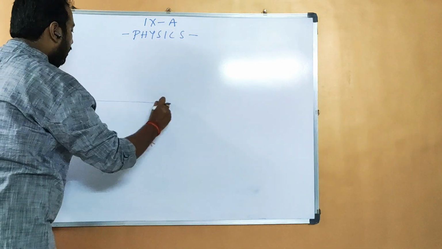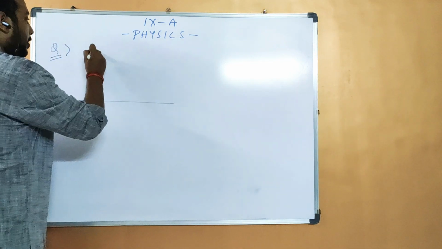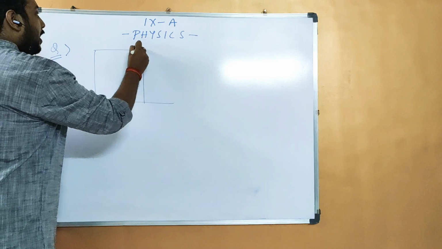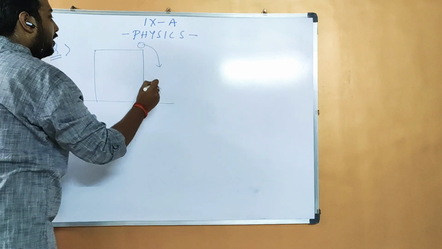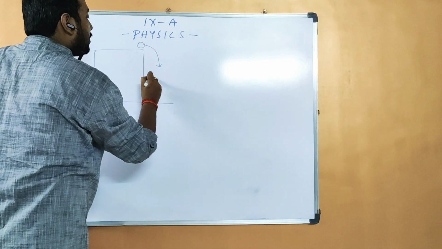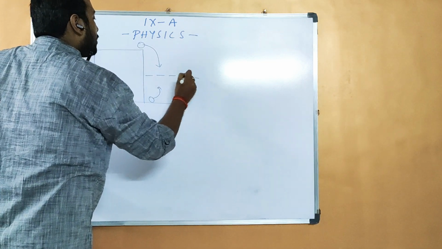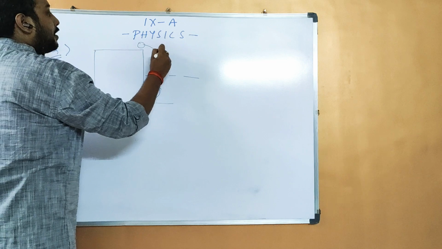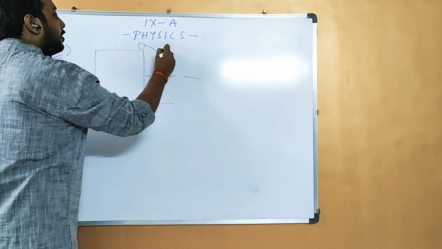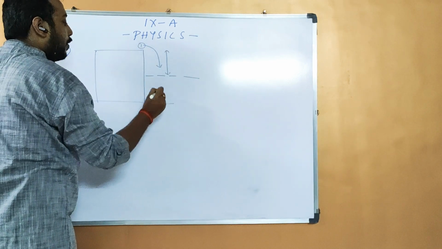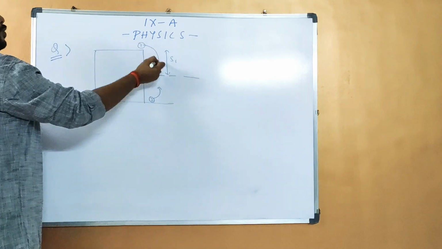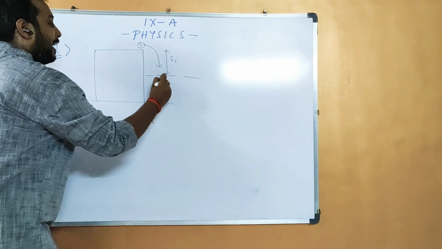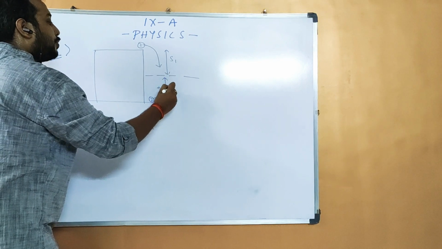Suppose this was a building and a stone was thrown from here and from here. Suppose this is stone 1 and this is stone 2. Let us suppose the distance covered by stone 1 is S1 and the distance covered by stone 2 is S2.